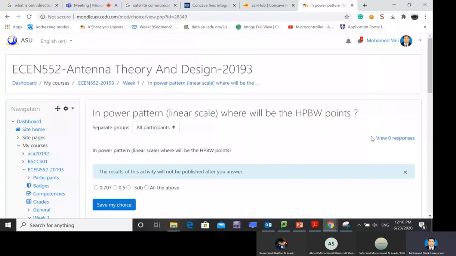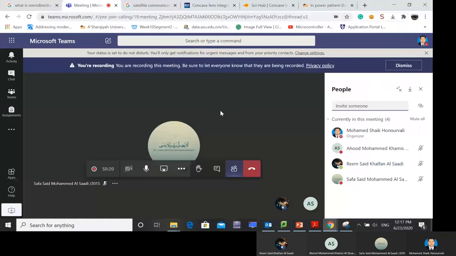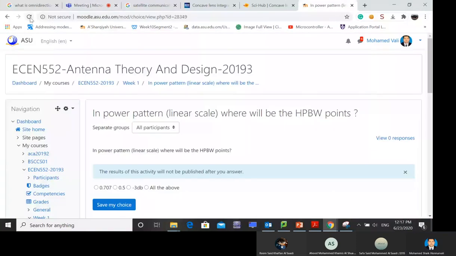Still I have 0 responses. Once I get 3 responses, we will see who chose the correct answer. Don't discuss between each other, just be honest. Okay, there is one response.